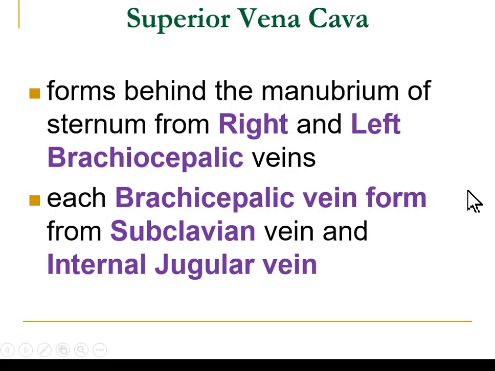Superior vena cava, as it forms behind the manubrium of the sternum from the right and left brachiocephalic veins. Each brachiocephalic vein forms from the subclavian vein and internal jugular vein.